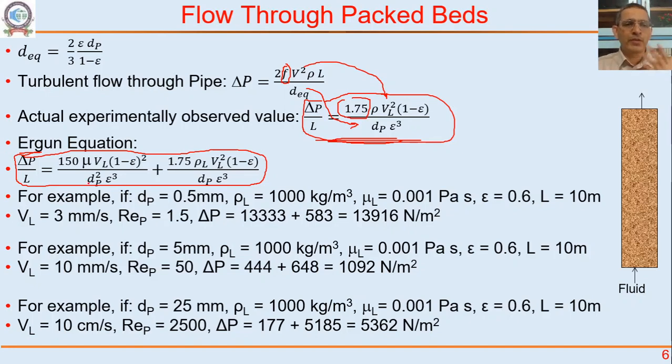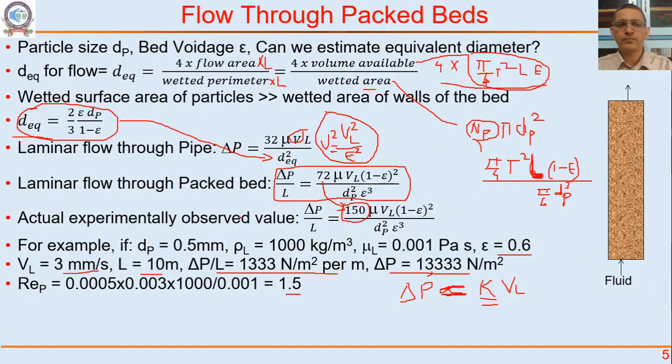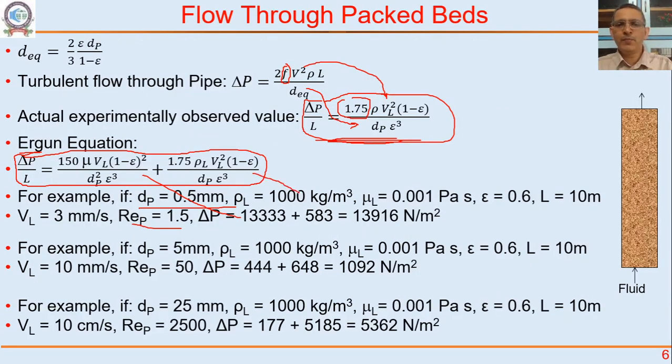Just to give you some example that really writing these two is valid. If you take this example, if dp is 0.5, you find out Rep is 1.5. Delta P from the first term is 13,333. We've seen that in the previous example. And delta P from this part is 583.